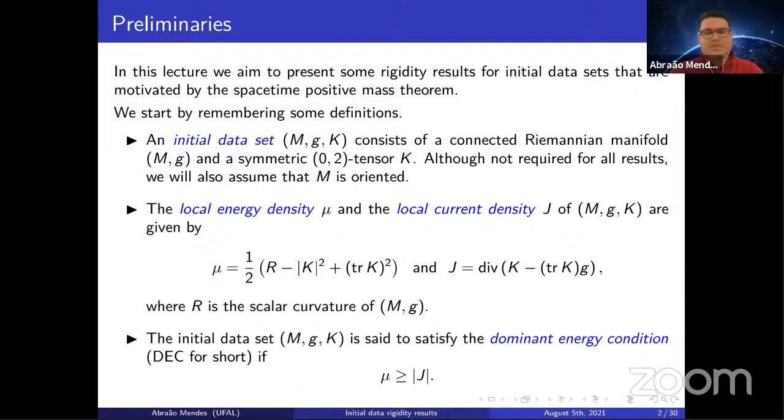The local energy density, mu, and the local current density, J, of the initial data set are defined in this way, where R is the scalar curvature of the Riemannian manifold. We say that the initial data set satisfies the dominant energy condition if this inequality holds on the manifold M.